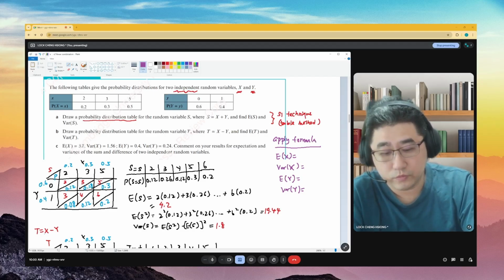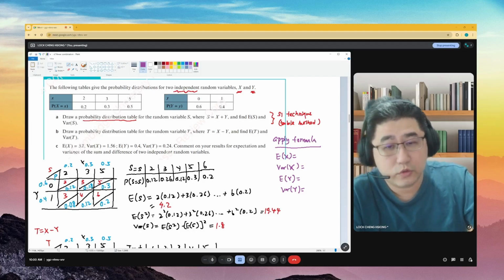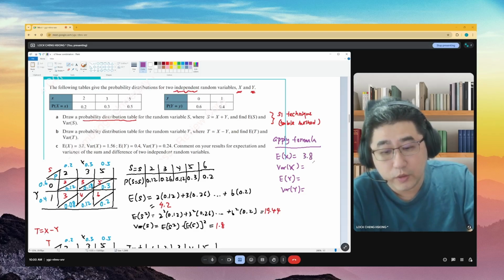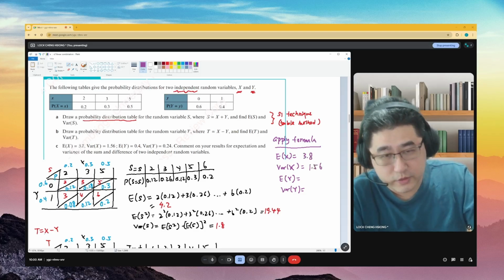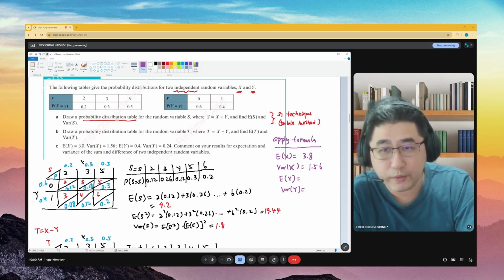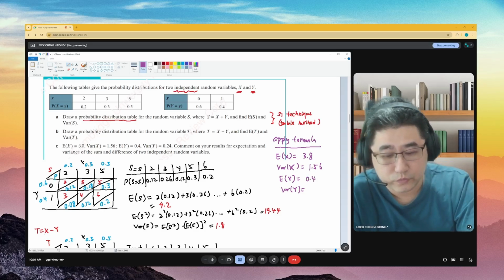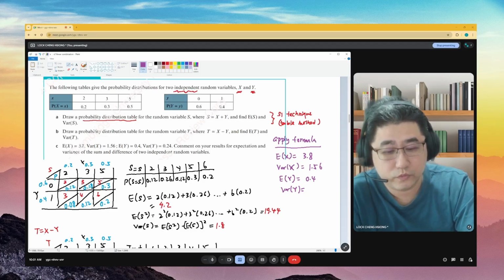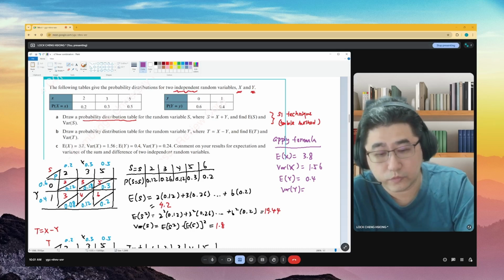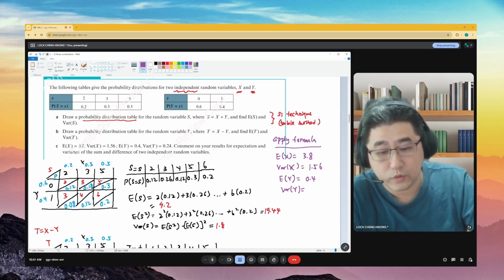So I will have the value 3.8 here and 1.56 here for the variance of X. For Y, this is 0.4 here, and the variance value is 0.24.